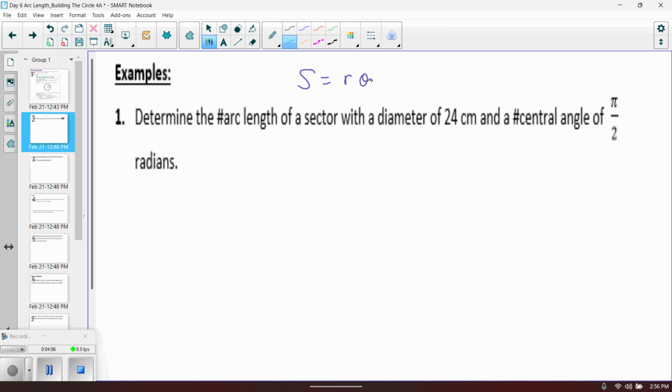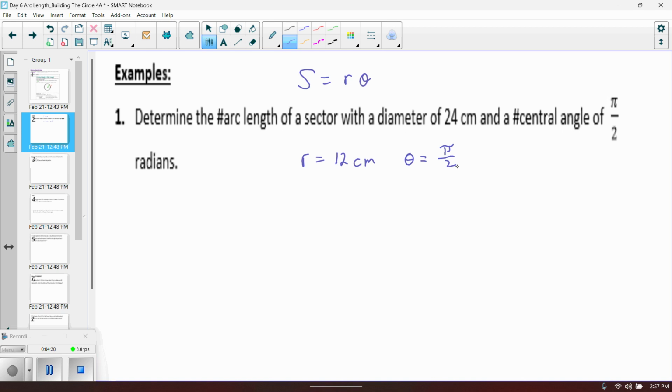Since they gave us the diameter is 24, we know that the radius is half of the diameter, which makes the radius 12 centimeters. We know our central angle theta is pi halves radians. Other than the fact that they use the word radian, we also know it's a radian because there's no degree symbol there.